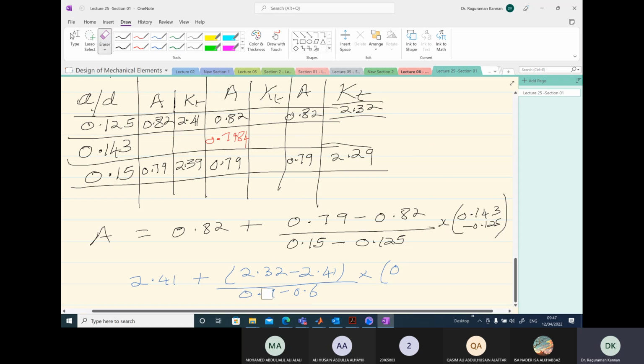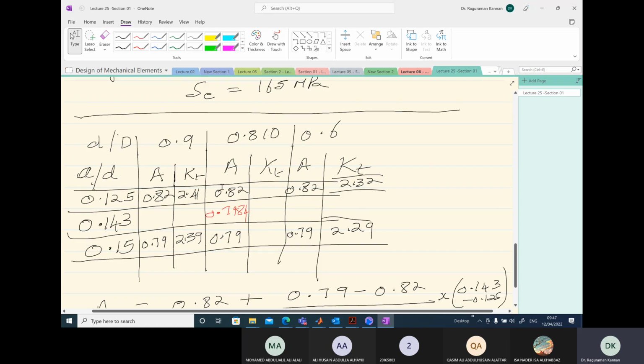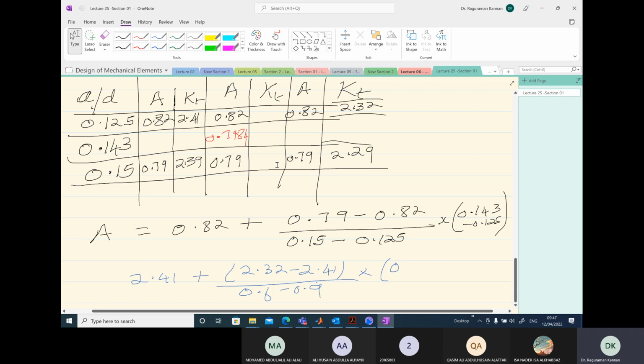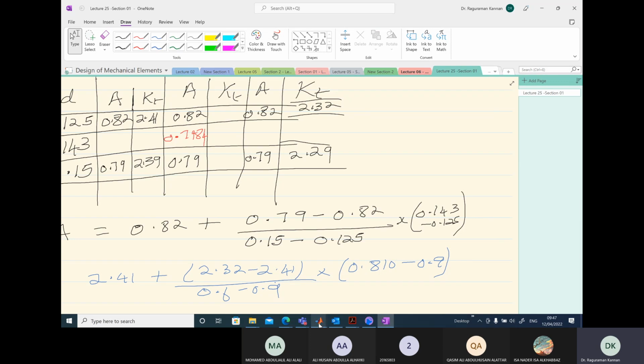In the denominator, this should be 0.6 minus 0.9, sorry, because that's the final value minus initial value. Because we are taking 2.32 minus 2.41. So 0.6 minus 0.9. And here you will have 0.810 minus 0.9. Okay, so we need to calculate this value and then note it down here.